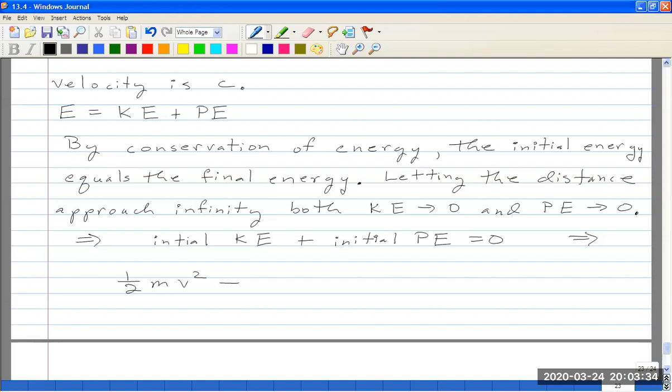Assume that the only force that matters is gravity. So we're going to assume that in this case, gravity rules everything, and so the only potential energy will be gravity. So we're assuming that this is a nice black hole. It doesn't have any other forces, so there are no tidal forces.